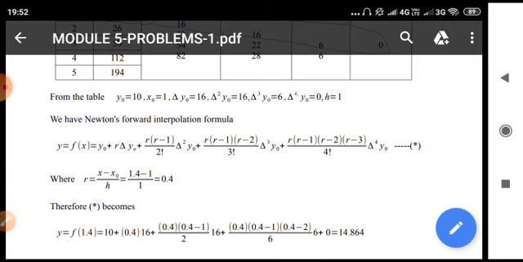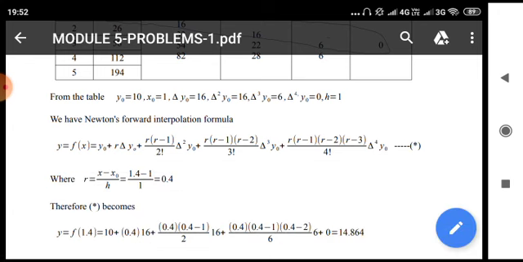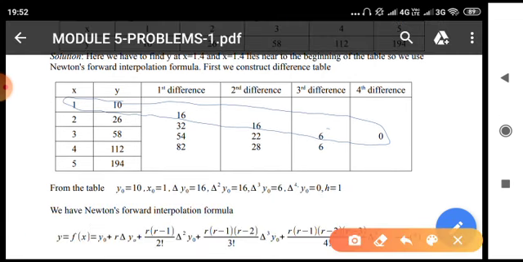Here r is given by x minus x naught whole divided by h, where x naught is the initial value of x, which is 1.